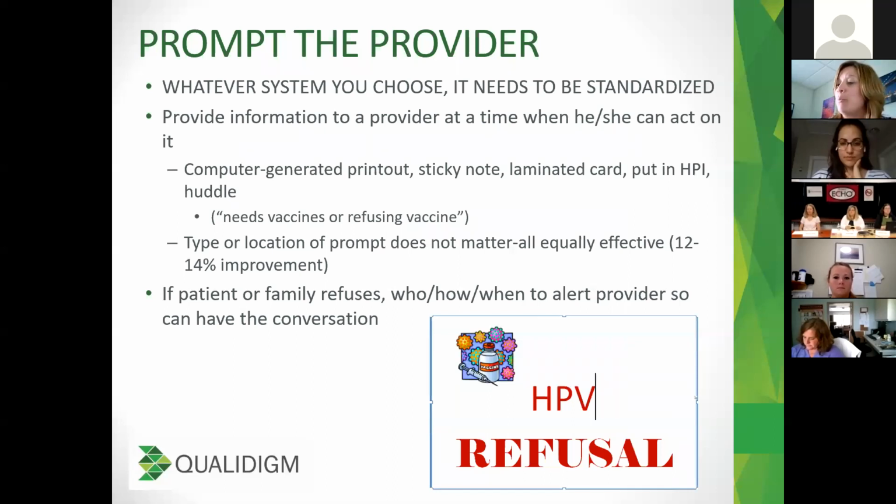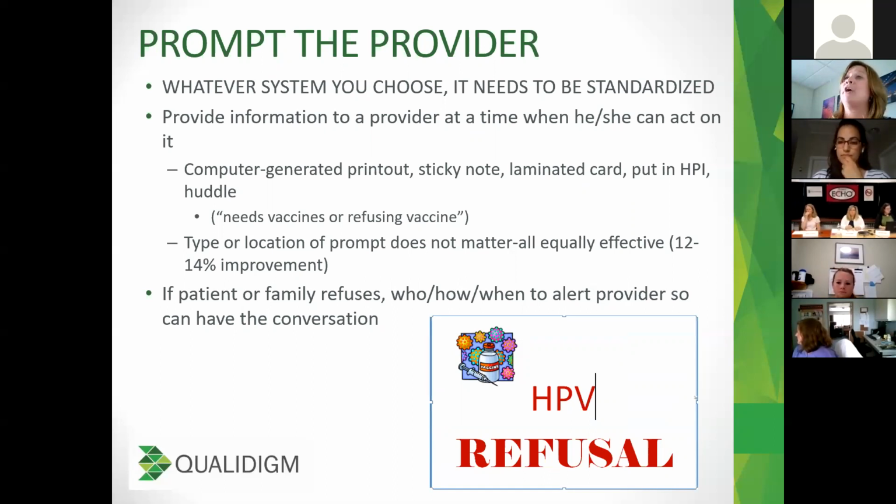So we've talked about prompting prior to the visit, prompting the MA or staff at the time of the visit, and now prompting the provider. And so again, super important you have a system. It doesn't really matter what the system is. And actually, I did find one article that states that it basically doesn't matter what type of prompt you use or location of the prompt.